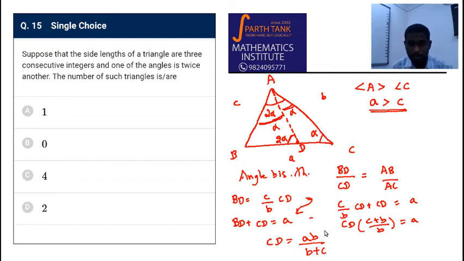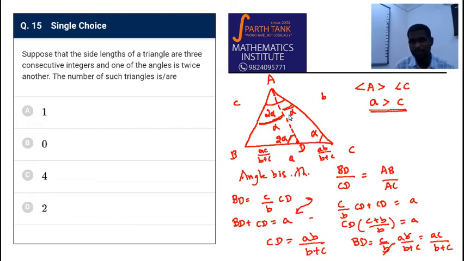The same way, from this equation BD is c/b of this, and that would give BD = (c/b)·ab/(b + c), or ac/(b + c). So this is ac upon b plus c, and this is ab upon b plus c. So you see a is divided in the ratio c is to b basically, right? Angle bisector theorem. Good.